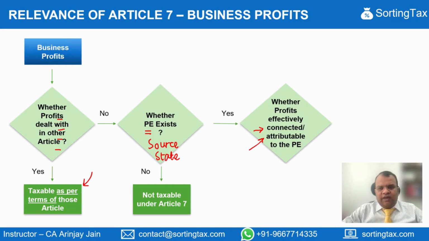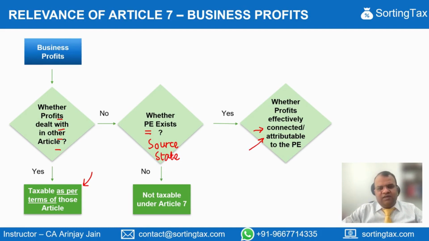If from the overall activity, a particular amount of profit is earned by an enterprise, the entire profit cannot be taxed in the hands of the PE. One needs to see what is the economic contribution of the permanent establishment in the overall picture, and then only the profits that are attributable to the PE, that is, which arise as a result of activities of the PE, are to be taxed under this article.